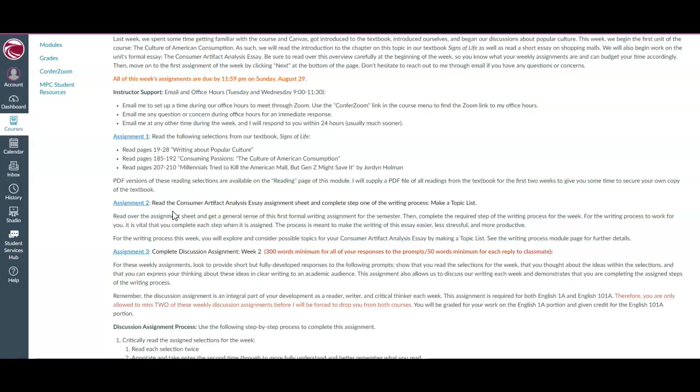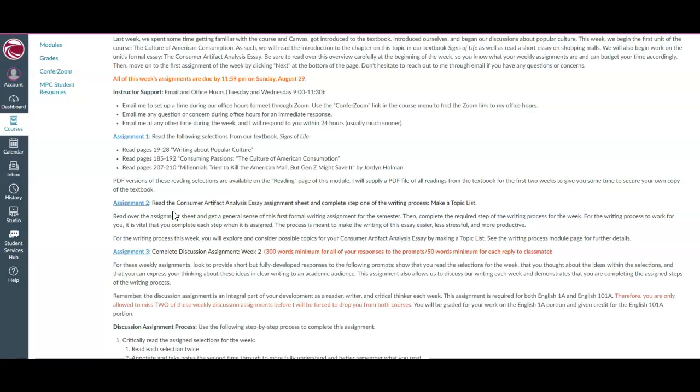For this first unit on consumption, we will be writing a formal essay entitled the Consumer Artifact Analysis Essay. So take a look this week at the assignment sheet for this formal writing assignment. And then also, as you read in the section writing about popular culture, we will be putting this formal essay through what's called the writing process, a series of steps to come to the most effective final product.